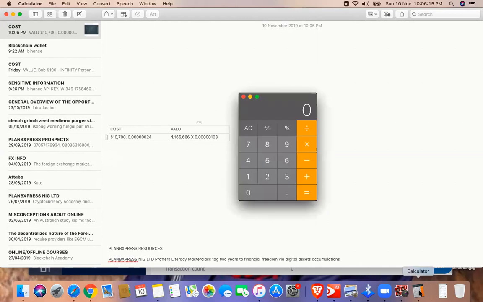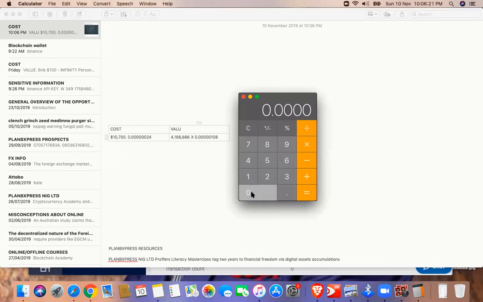Now, I was not asking the man to be calculating the daily income. So 0.0000, okay, multiplied by, that is about 5 zeros, 0.00000, okay, 108, okay, multiplied by 4,166, then 666.